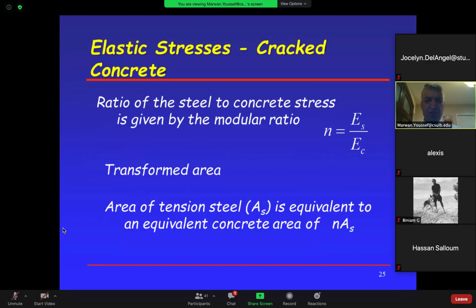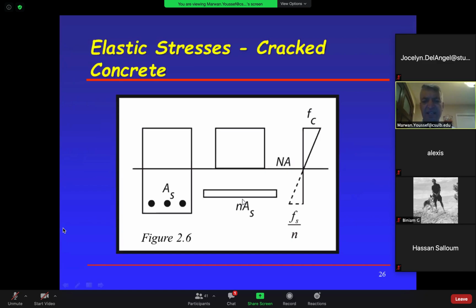All right, so now elastic stress is cracked. From here on, I'm going to skip that. So anything with an n, we're going to skip that. If we have time at the end, we'll come back to it. So skip this. Look at the small n here. And there are reasons for that. I don't want to confuse you with it now.